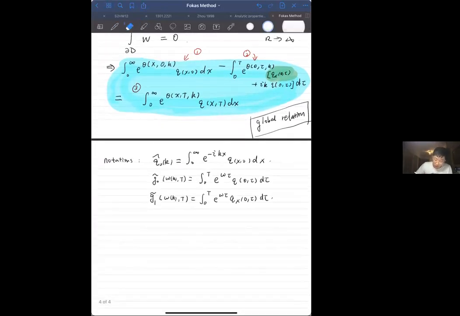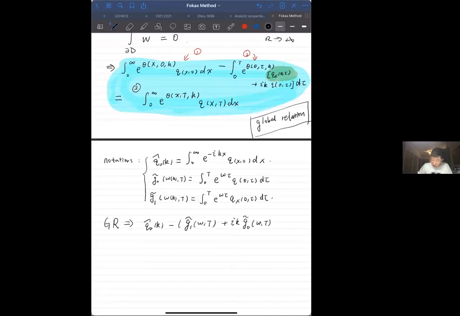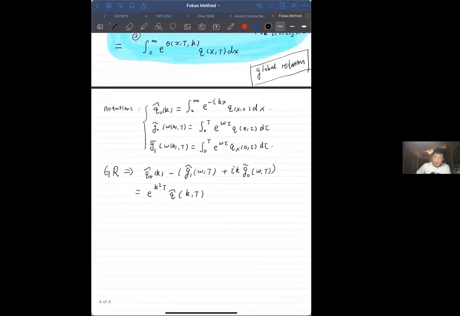So this global relation will become q naught hat k minus g1 tilde omega T plus i k g0 tilde omega T equals e to the k squared T q hat k T. I just rewrote the global relation.